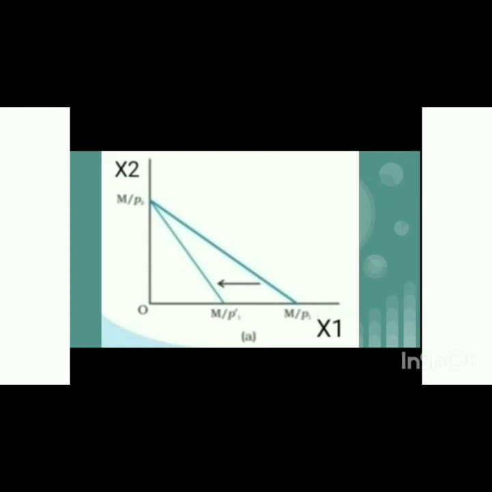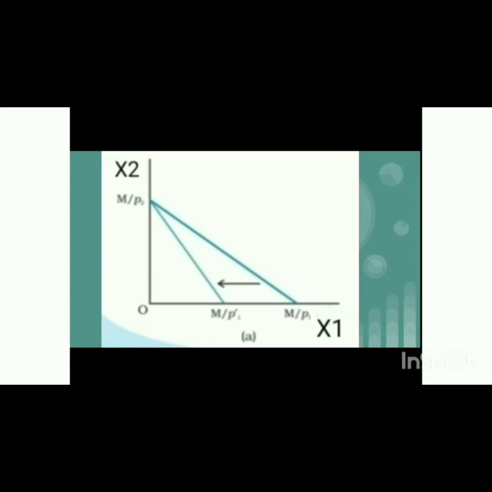So the new horizontal intercept is M bar P1 dash. Here P1 dash is the increased price of good 1. The new budget line is more steep.